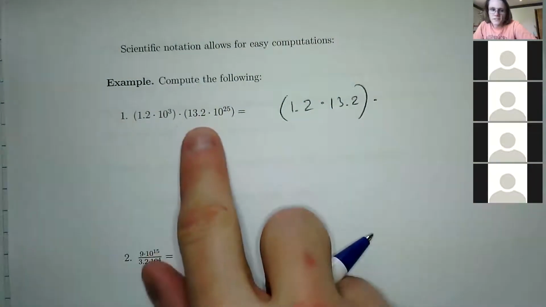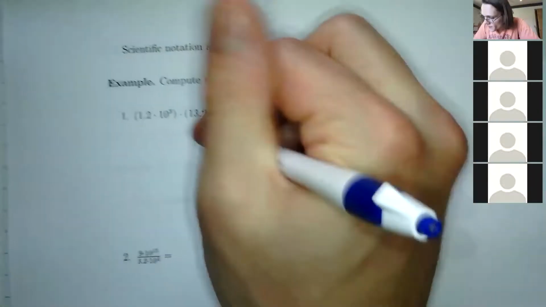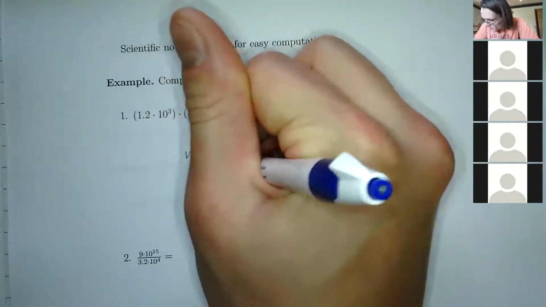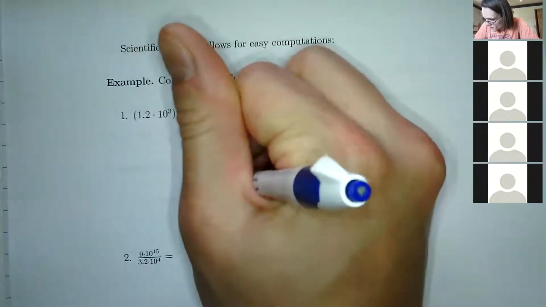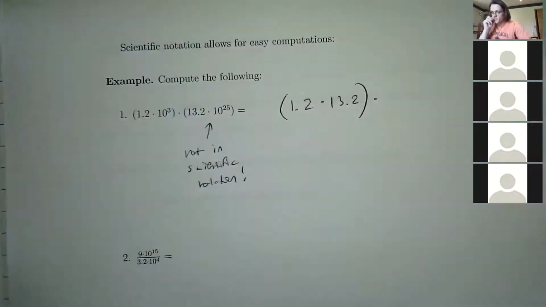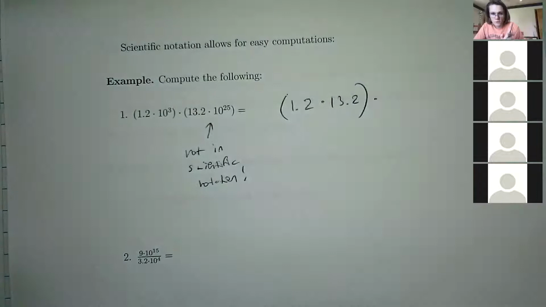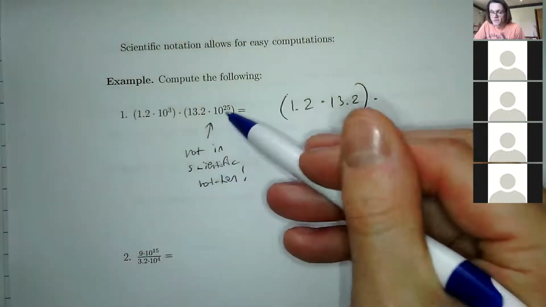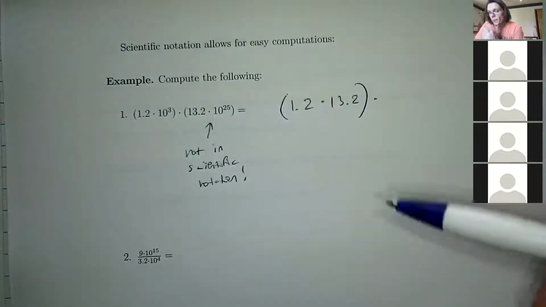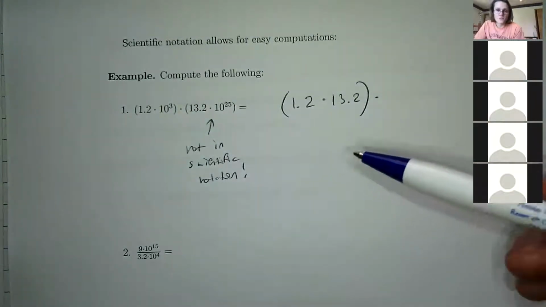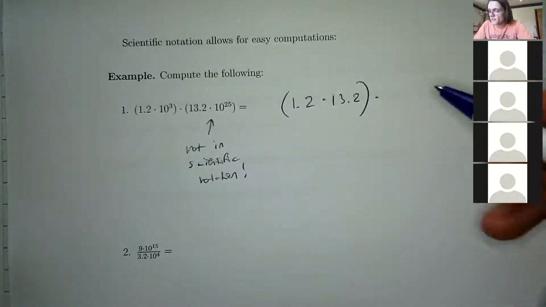And this one isn't in scientific notation, I should note, because it's 13.2. For it to be in scientific notation, it would have to be 1.32 and then times 10 to the 26. So that one isn't in scientific notation, but the idea will still work, right? We can still multiply these things.